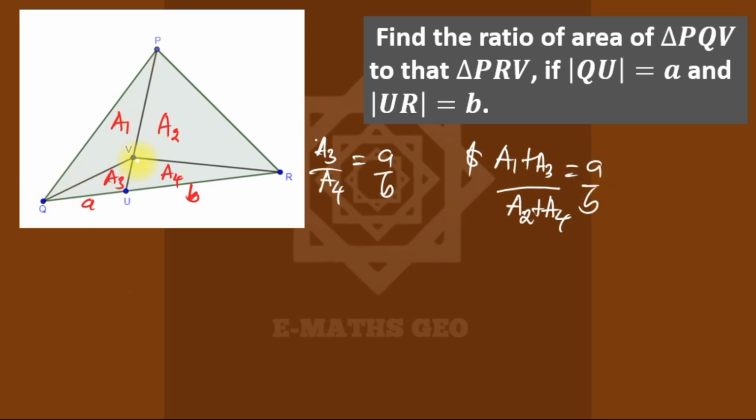If you remove this line, this is another triangle, giving A3 over A4. Remember, this is a ratio of areas, not the actual areas.